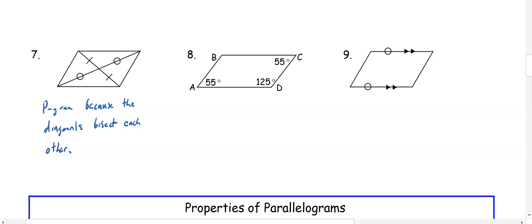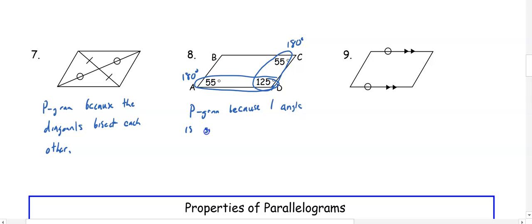In number 8, we have one angle D. If we look at these two angles, that equals 180 degrees. These also equal 180 degrees, so this would be a parallelogram because one angle is supplementary to both consecutive angles.